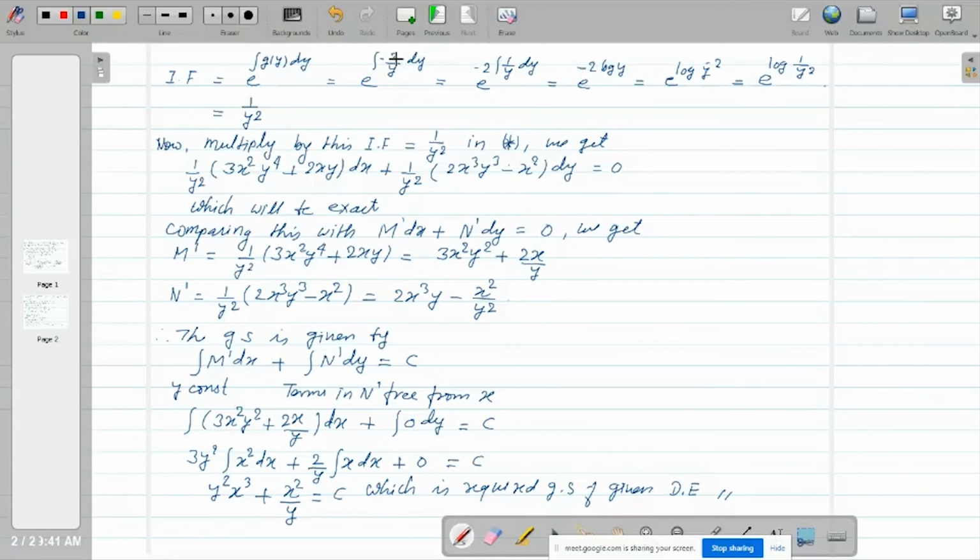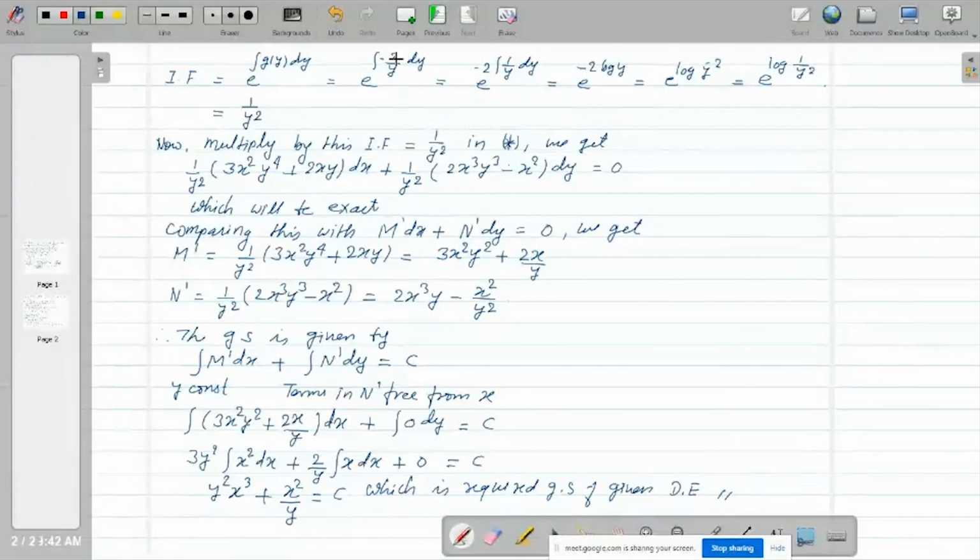First of all, you should check whether the given differential equation is exact or not. Then after that, if the given differential equation is not exact, you just observe whether the differential equation is homogeneous or not. If homogeneous, then apply the homogeneous integrating factor.